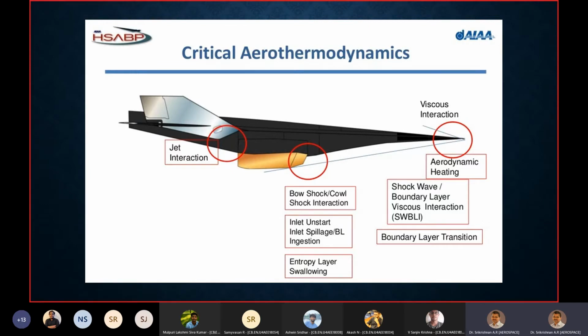That's why I've shown this conceptual scramjet plane, where in various parts of it you have viscous interaction, shock boundary layer interaction, entropy layer formation, etc. And of course, all along you will have high temperature effects. So these are all going to be an integral part of any real life application of hypersonic flows.